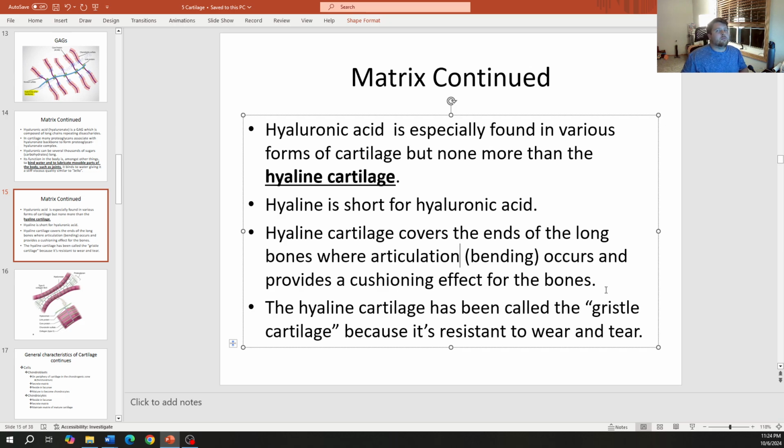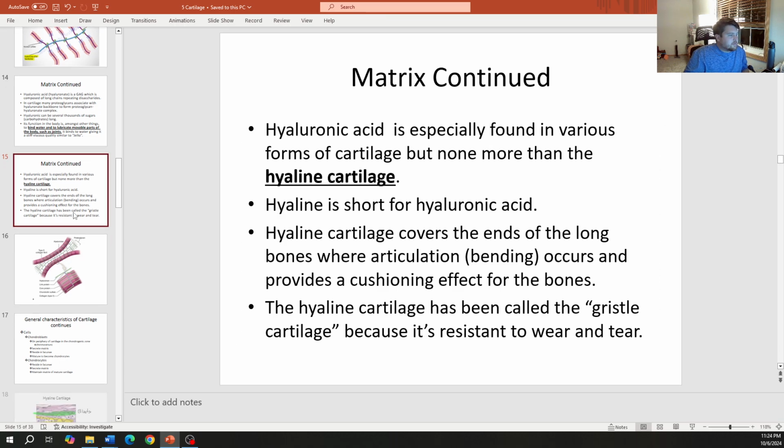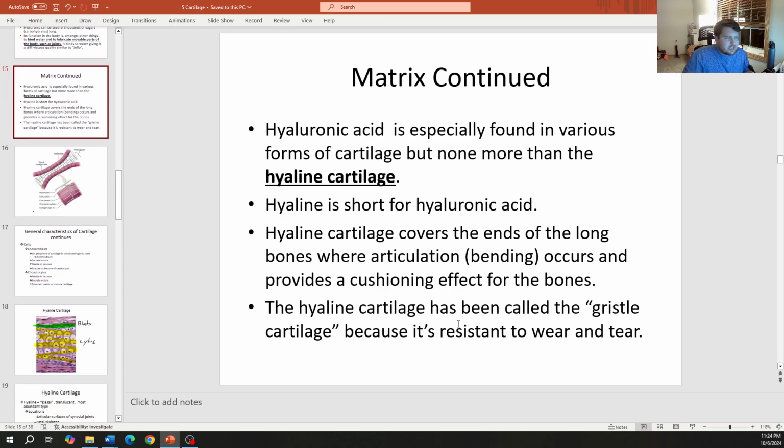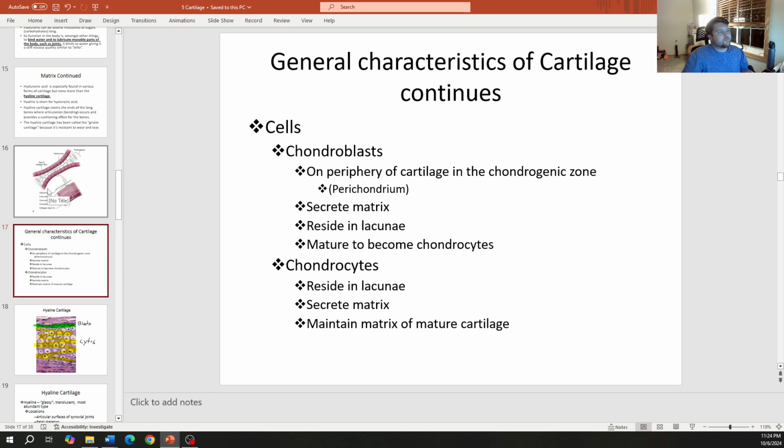So anywhere that the long bones are coming together with other bones, wherever we have a place where bone would move along bone, there's a protective layer of cartilage there to provide a cushioning effect. The hyaline cartilage has been called the gristle cartilage because it is more resistant to wear and tear, thanks to that structure with the hyaluronic acid and being able to hold on to a bunch of water.